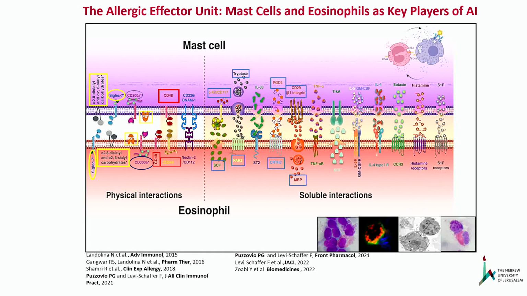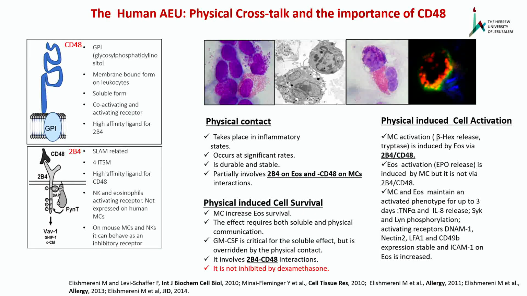Maybe these two cells, besides being friends in the inflammation, may be friends also in its resolution. Please tell me how much time I have, and I will go maybe faster towards the resolution of the lecture and resolution of inflammation.